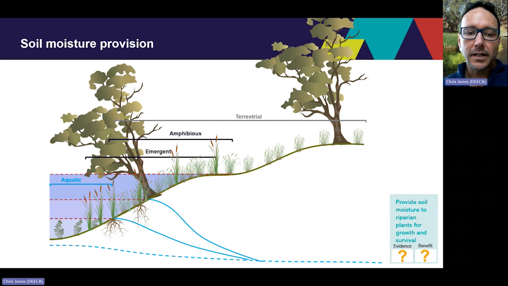Summer freshers or mid-level freshers do provide some more of that water supply to those plants, and some of the seedlings or higher plants, as well as some of the high bank riparian vegetation. But it's only, again, these deeper rooted plants. It's the surface water that is required to benefit those fully.